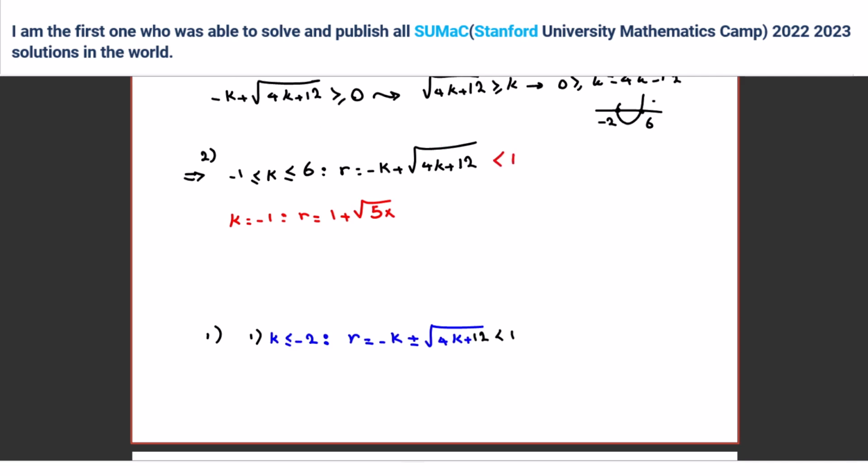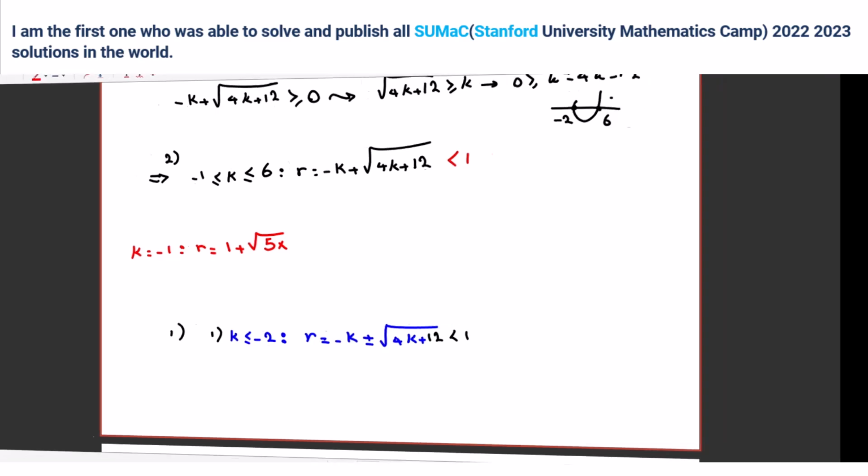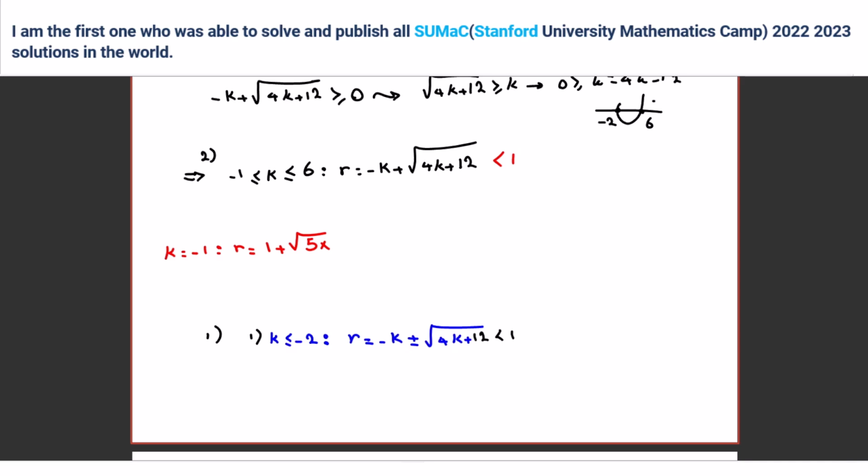Do you agree it should be less than 1? Yeah. So try to solve this in general and see what we can say about this. Okay, so the roots would be 1 plus or minus the square root of 12. K is integer, right?